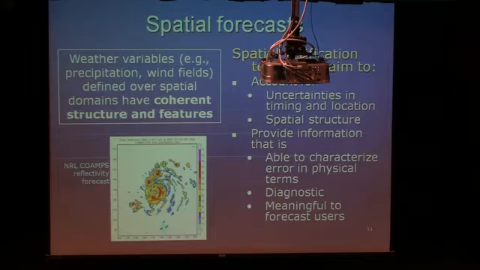This is from a presentation by Barbara Brown. For things like precipitation, if you account for uncertainties in timing and location, in many cases the mesoscale feature can be in a slightly wrong position and score very poorly in a traditional verification technique. By doing it spatially, you may be able to characterize the error in physical terms. It's a useful diagnostic for the model, and it's meaningful for the forecaster to know that the event was predicted, it just was in the wrong location or wrong timing.